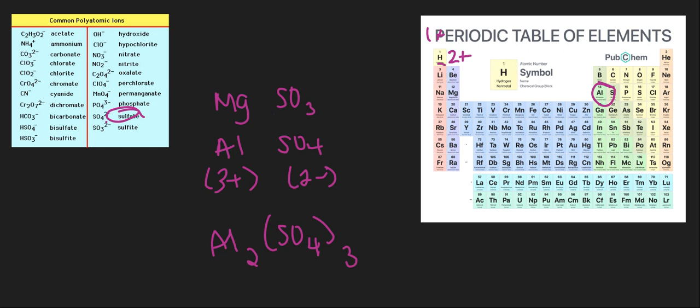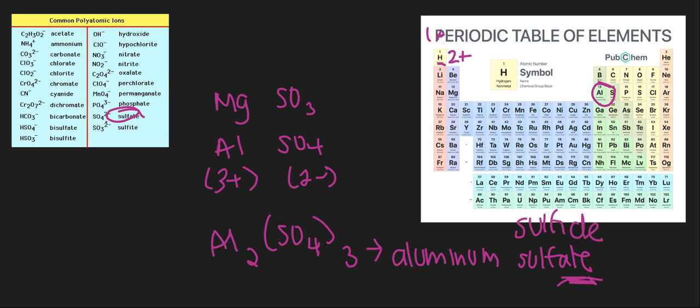When you're converting it back, you just say aluminum sulfate. So you leave it in the -ate that it is because it's already like an -ate or an -ite. You don't want to convert it to sulfide because that's completely different. Remember, sulfide is that S. Sulfate is the SO4.